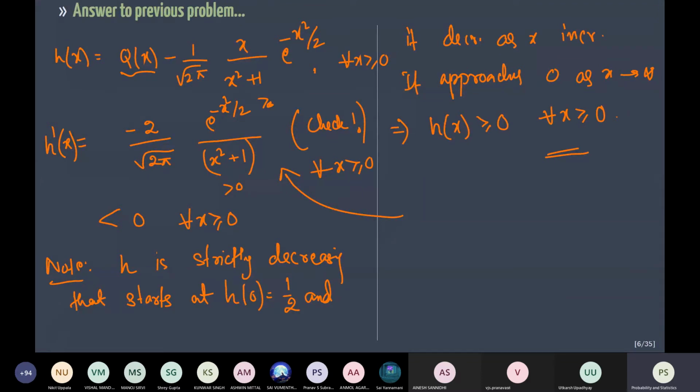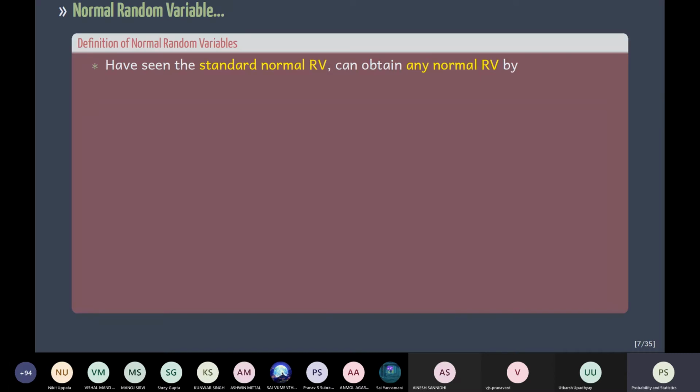So what we have done is standard normal distribution, and now I will do something called normal distribution, just normal. It's not really standard, so you can think of it as non-standard. So a general normal distribution, how will it look?